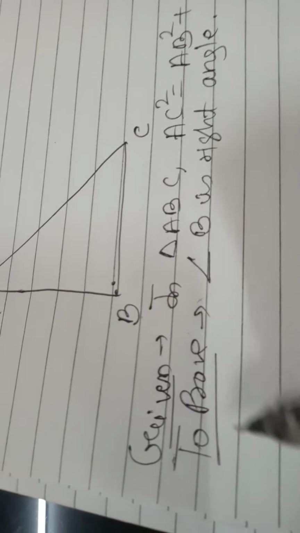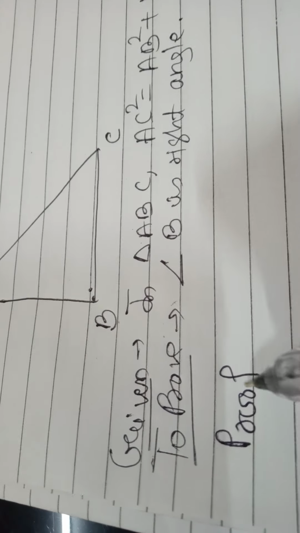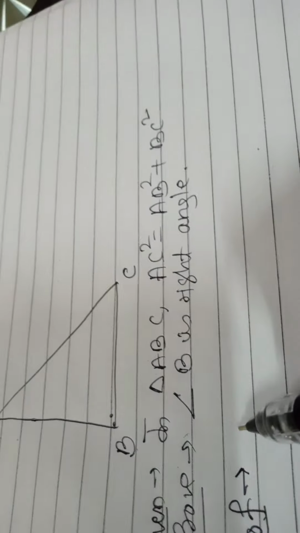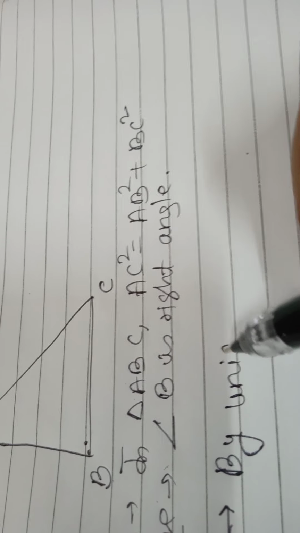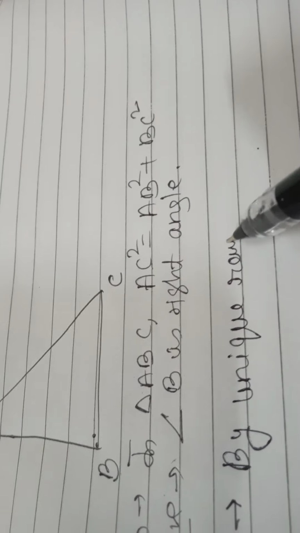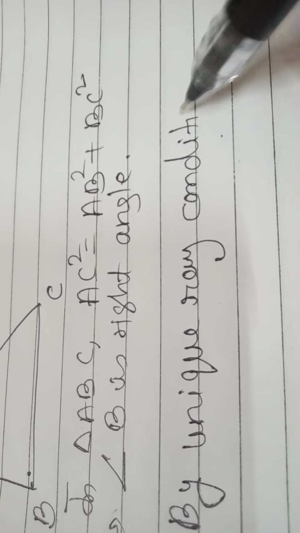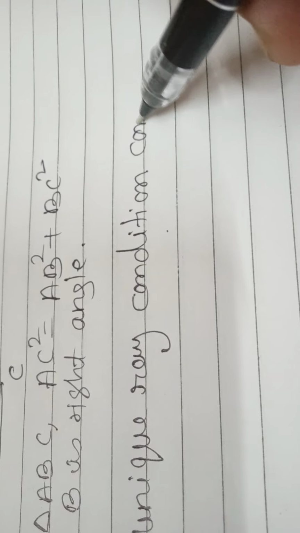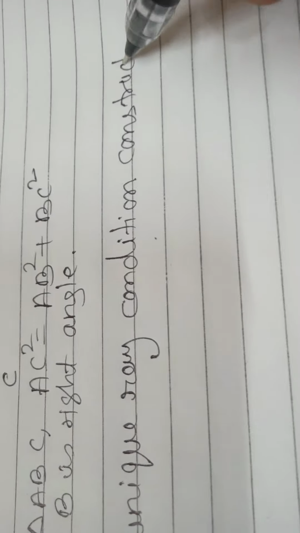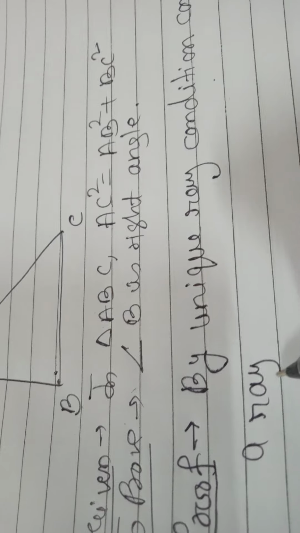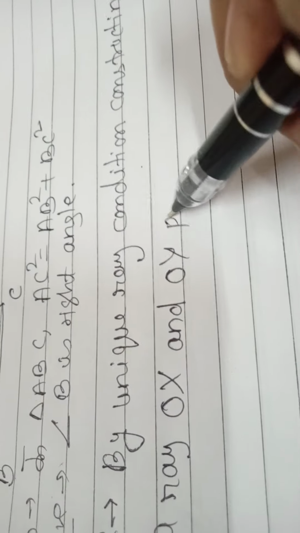Now we are going to write the proof. In proof we will write: by unique ray condition, you have done this in 9th standard, might be in our old syllabus.